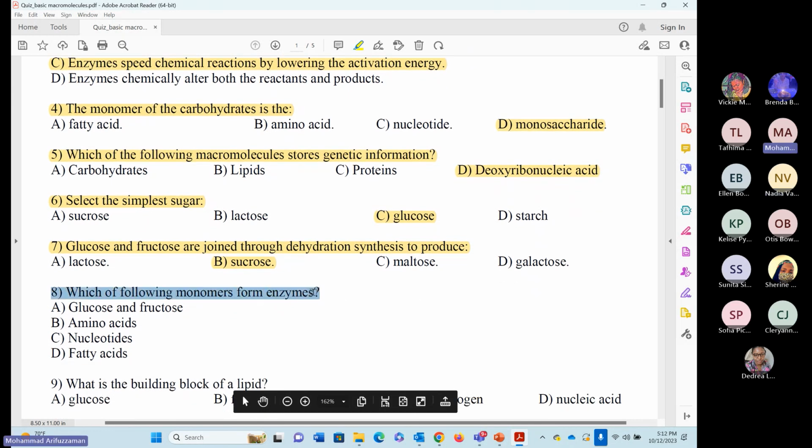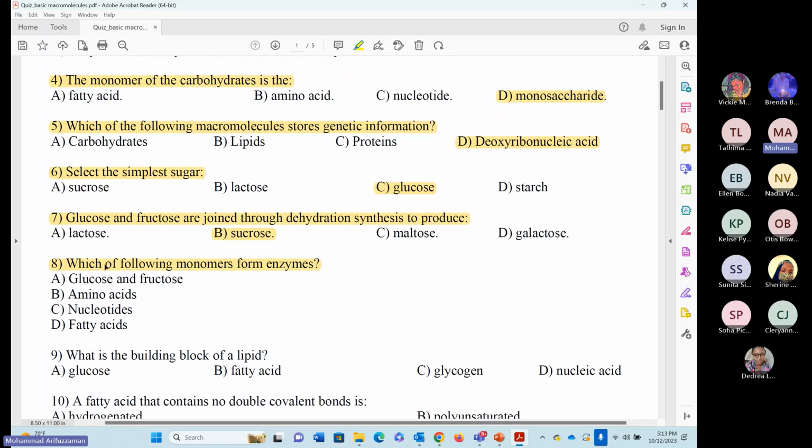Which of the following is the monomer for enzymes? You know, this type of tricky question you will find in these exams, especially question number 8. Please listen. What is an enzyme?